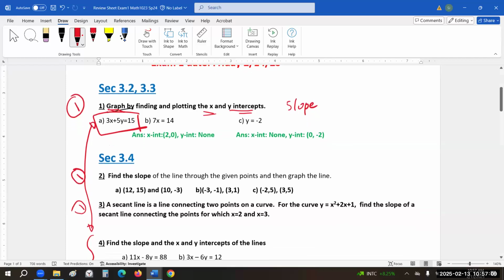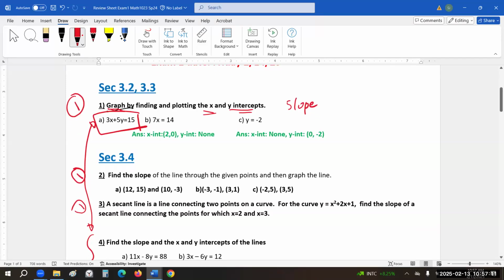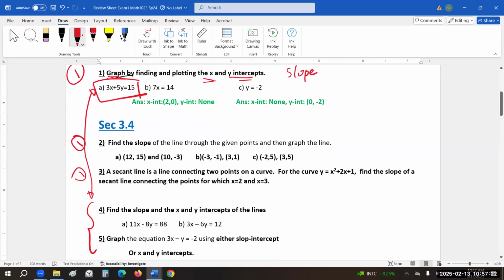You're going to find x-intercept, y-intercept, slope, and then you're going to graph your function, graph your line. Then find the slope. So here you're going to use m equals y2 minus y1 over x2 minus x1. Using this formula, I'm going to give only one pair. You're going to find the slope.